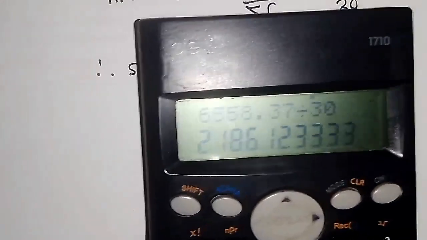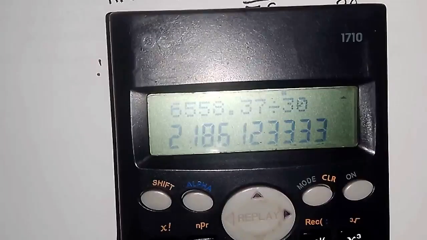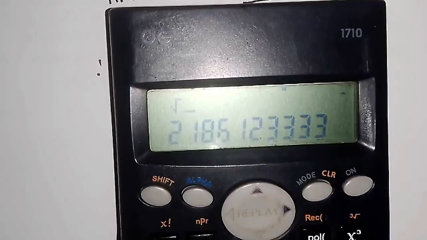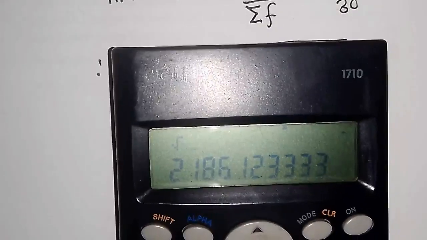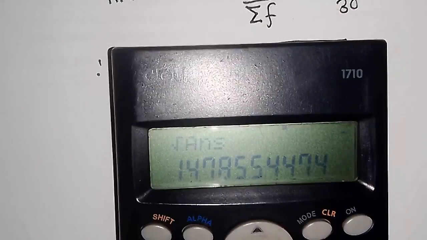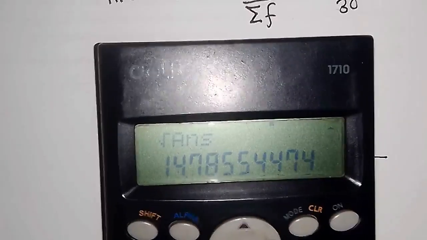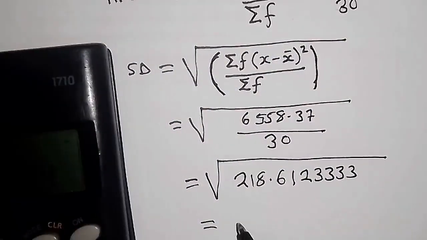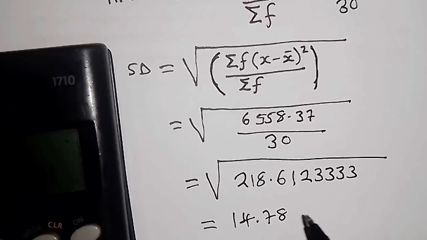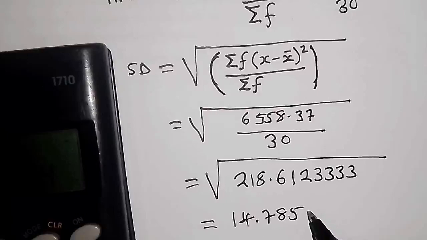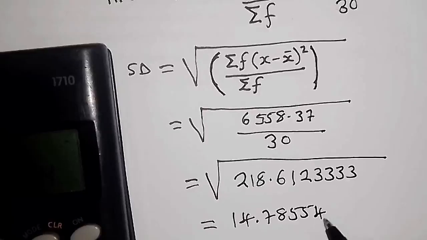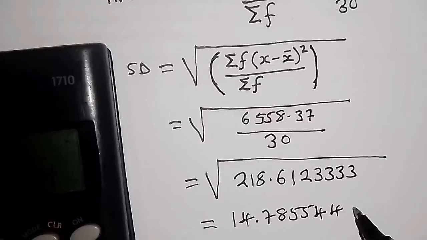Now while the number is still on your calculator, just press the square root, then you get the number, which is 14.78554474.